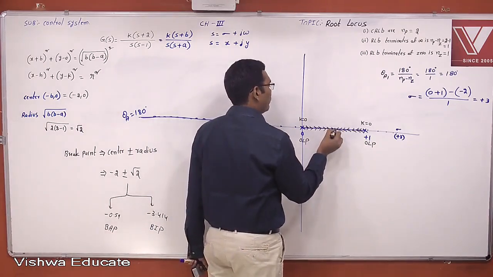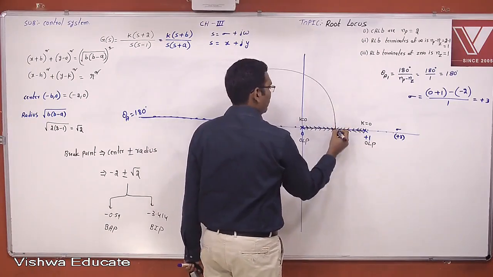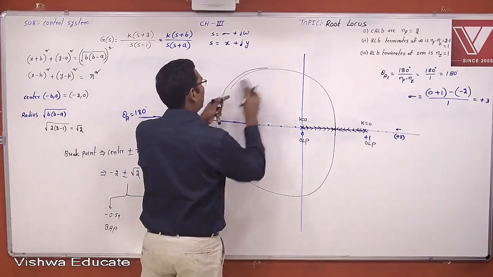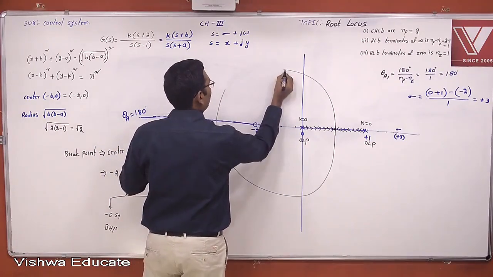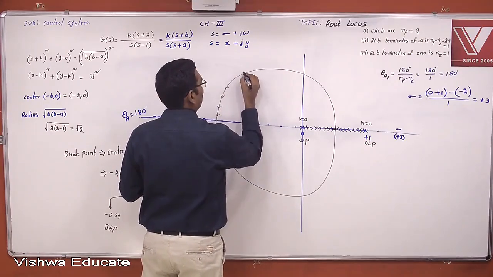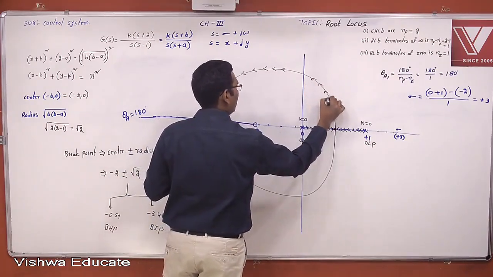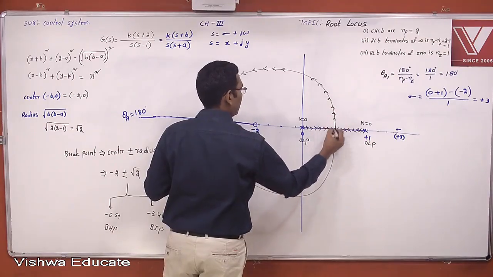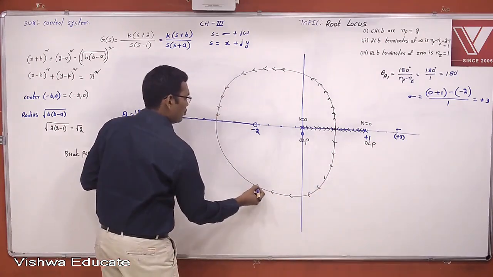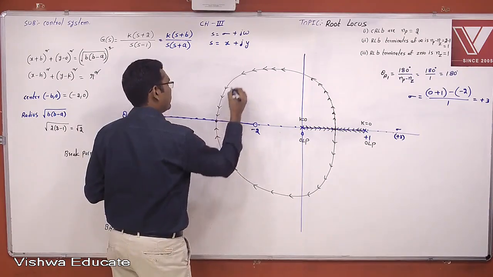Then it will form a shape of circle and enter into the real axis. As K is changing, the closed loop poles are moving, and these root locus branches enter into the real axis at a particular point.